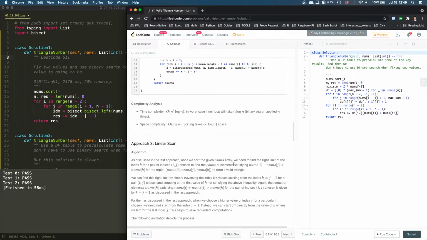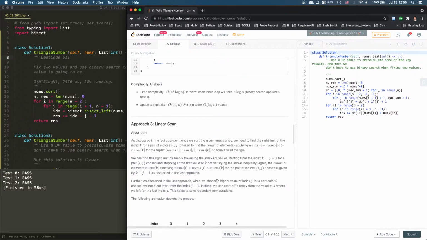Once we sort the array, we need to find the right limit of the index k for a pair of indices chosen to find the count of elements satisfying this, plus this, for triplets. We find this by simply traversing the index k's value starting from index k for a pair ij chosen and stopping at the first value of k not satisfying the condition.